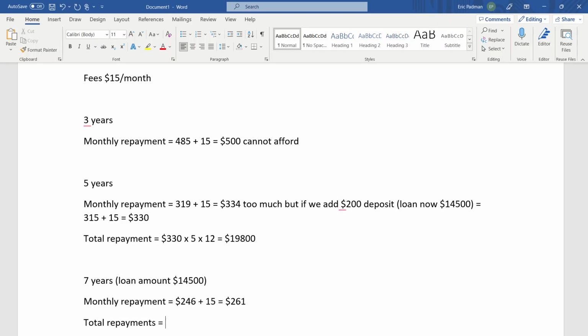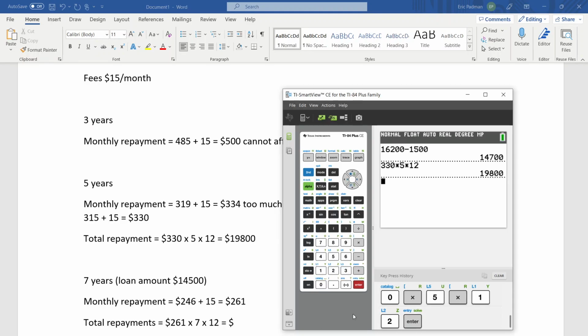Then you'd have 261 times 7 times 12 months in a year. So let's punch this in: 261 times 7 times 12 is 21,924.